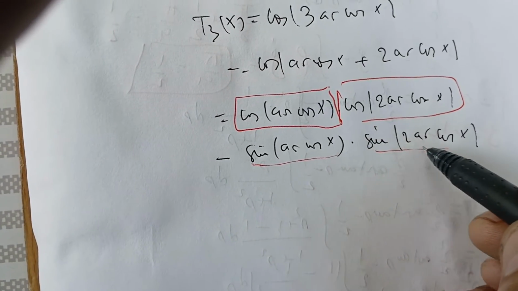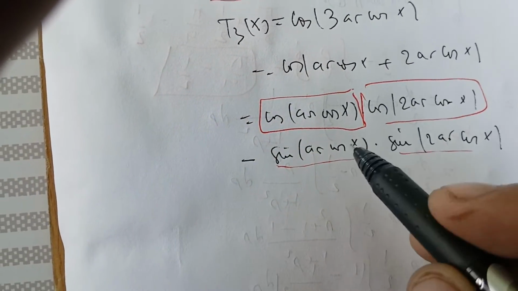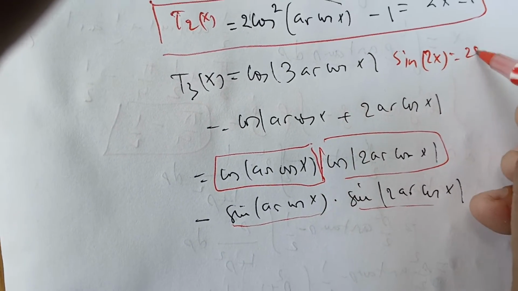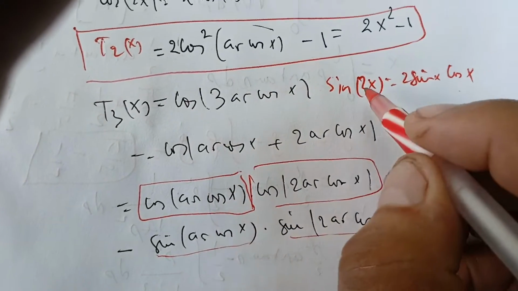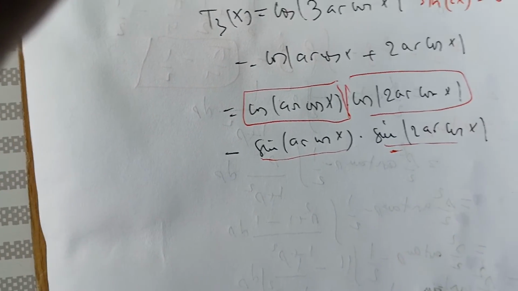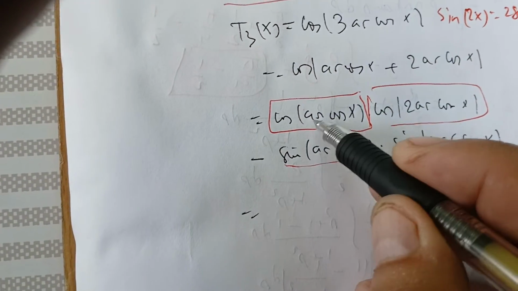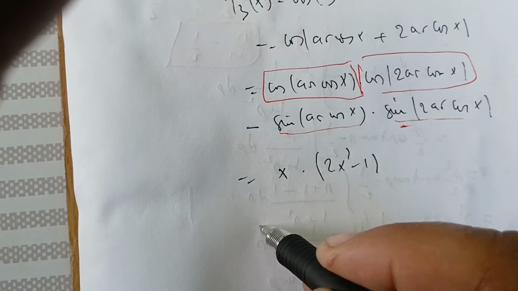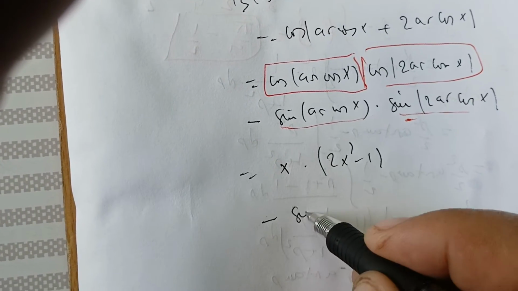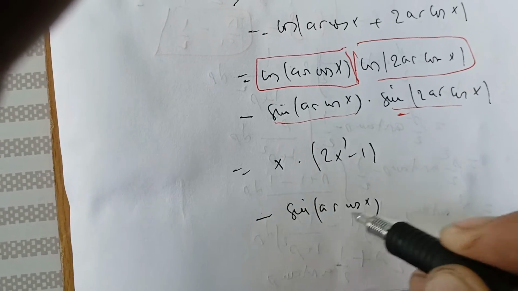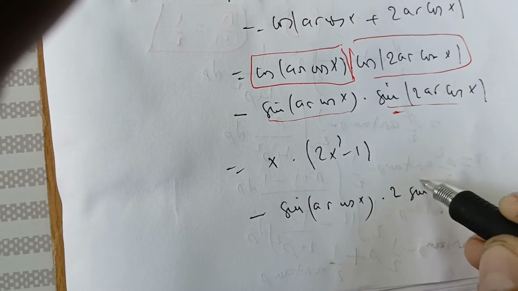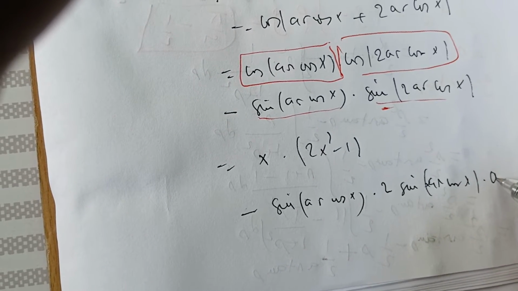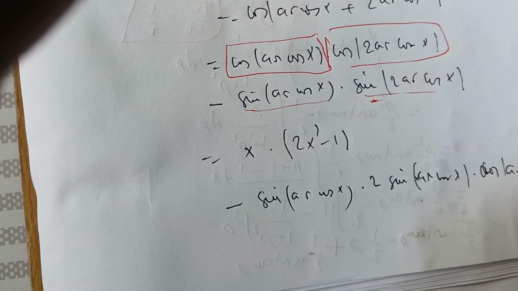But we know one thing here. The sine of 2x is 2 sine x times cosine x. We will use it here. So we get x times 2x squared minus 1 minus the sine of the arc cosine of x times 2 sine of arc cosine of x times the cosine of the arc cosine of x.